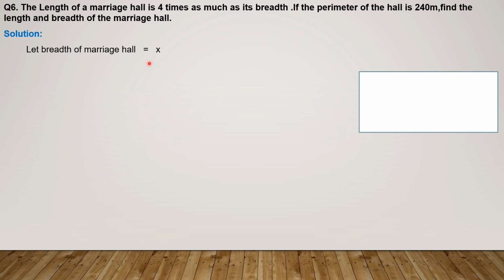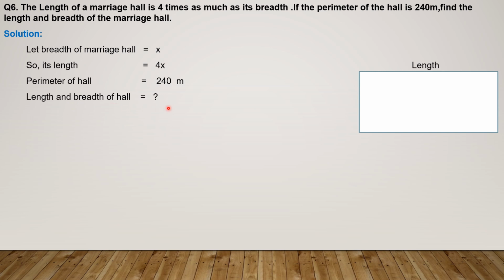The next thing given in the question is the perimeter of the hall, so we will write perimeter of hall is 240 meter. Find length and breadth, so length and breadth is equal to question mark.